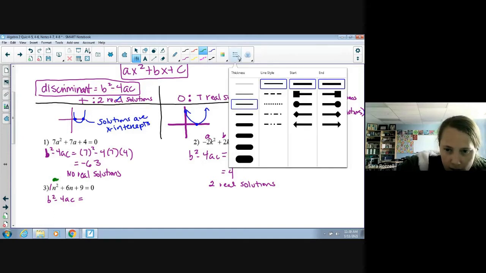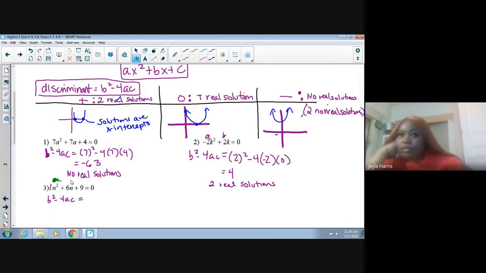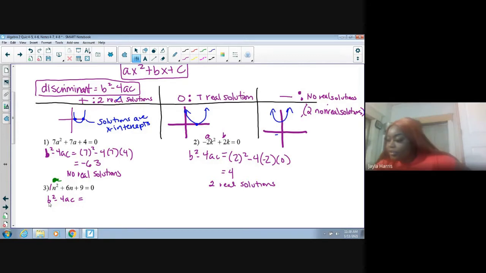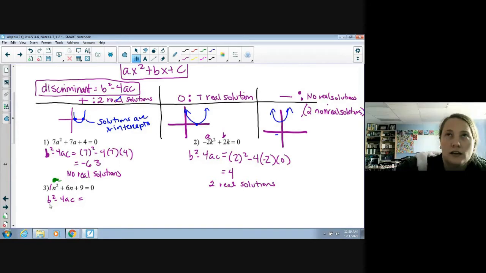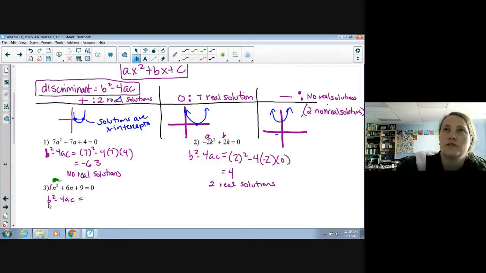I did put 1 as A, but you put it in the B position. Right, but that should be where the B goes because the formula goes B squared minus 4AC.